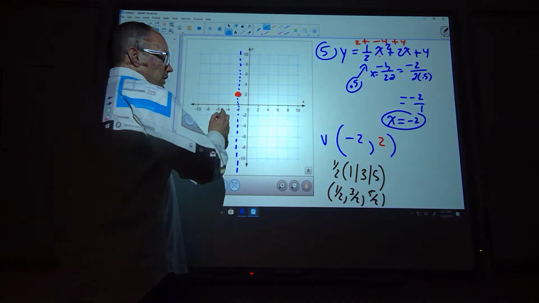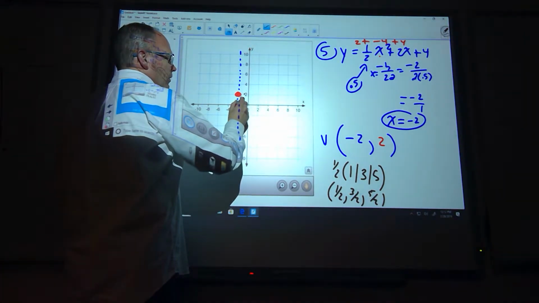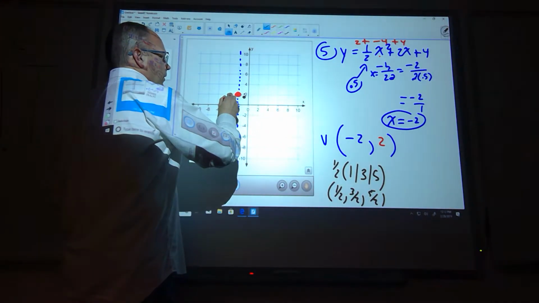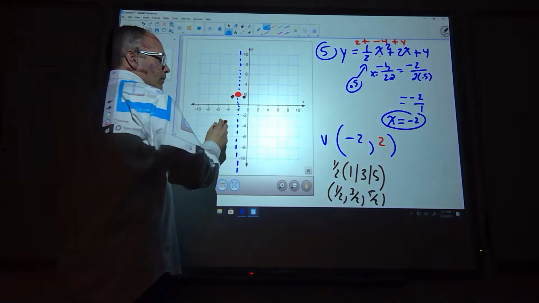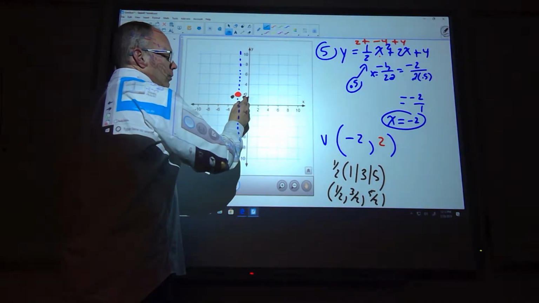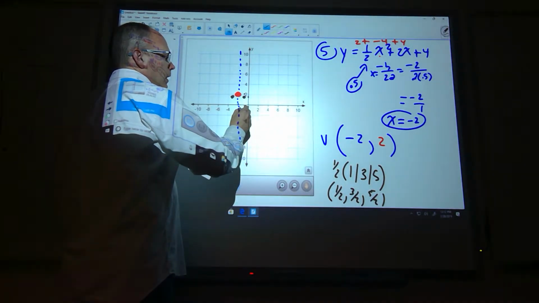It's still going to graph the same way. So I'm going to go right 1, down half, and these are counted by 2. See how I just went down just a little bit? And then I'm going to go right 1 and down 3 over 2, so down 1.5.